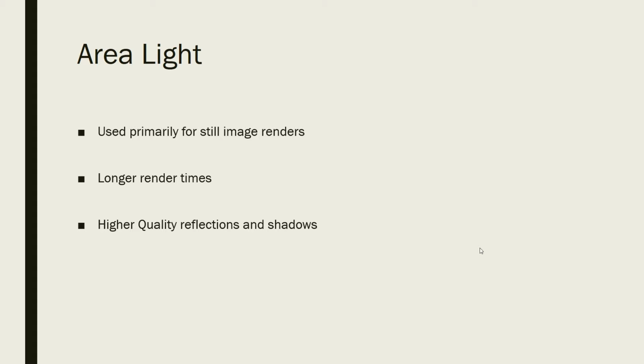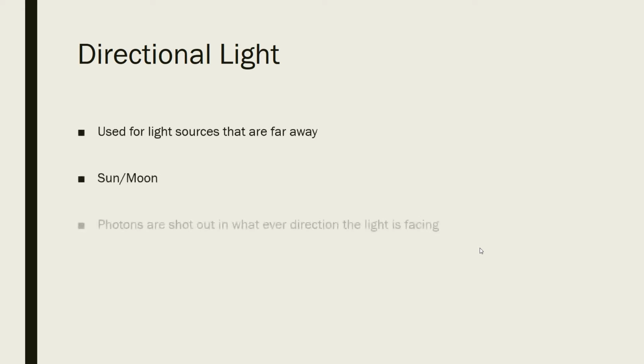Depending on how you manage your time, that could be alright. You may have enough time for that, but quite often you might not. So now let's look at directional lights. These lights are used for light sources that are far away, stuff like the sun, the moon, maybe starlight.